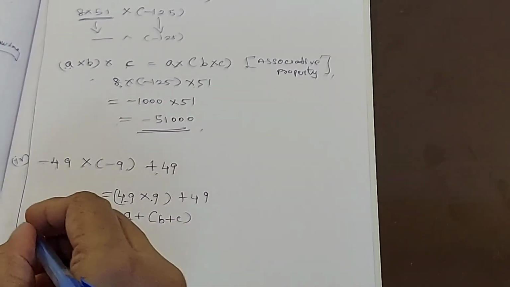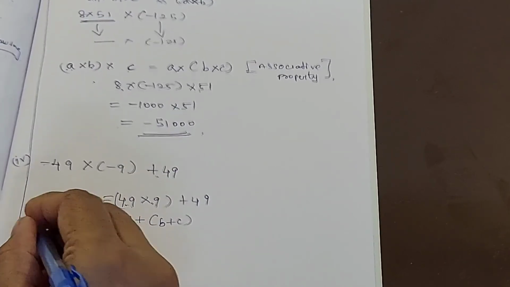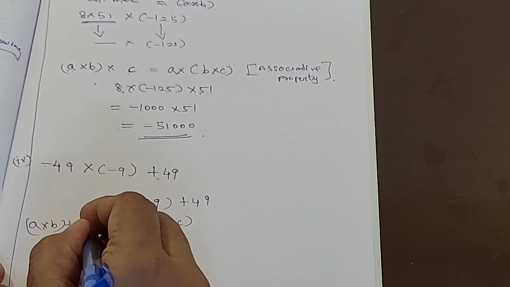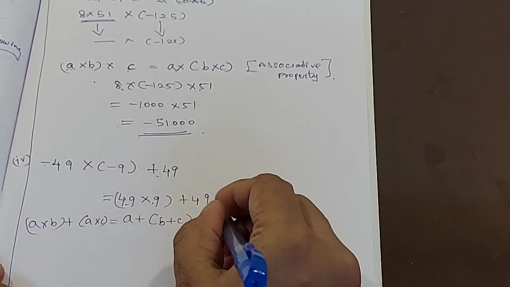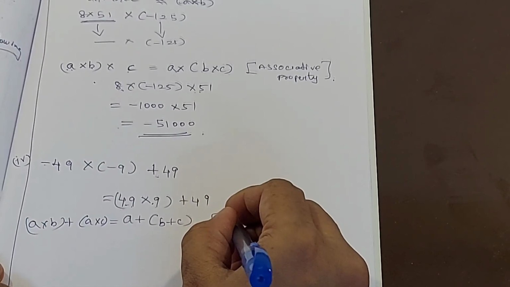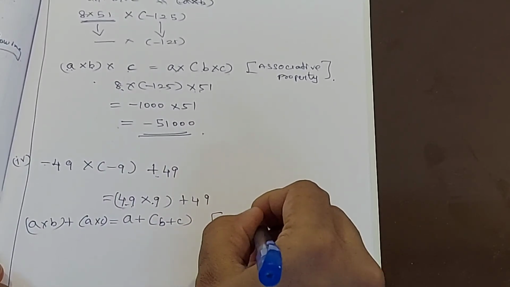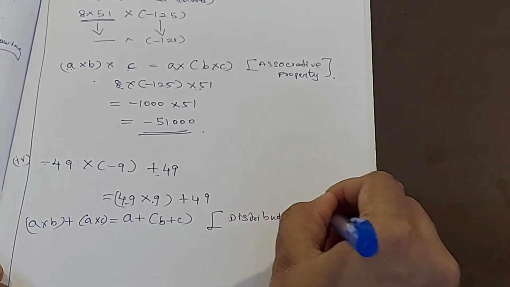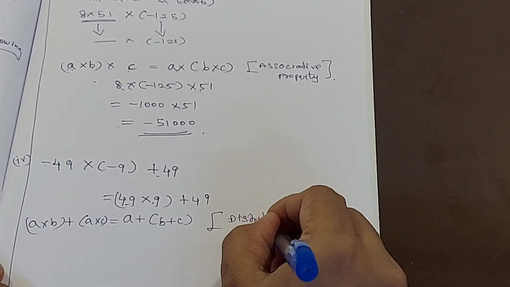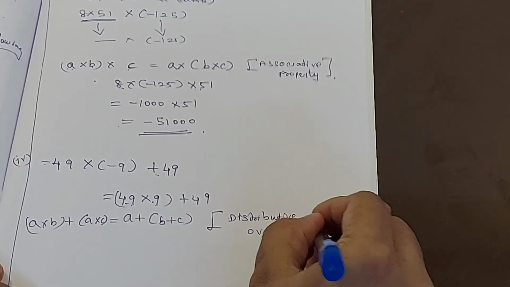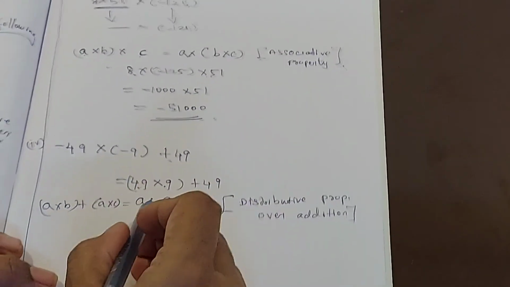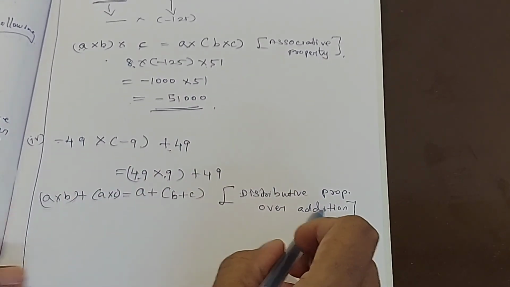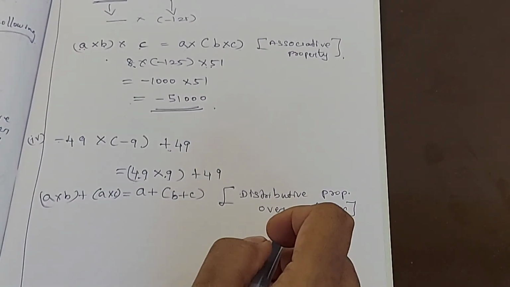Which is equal to A cross B plus A cross C, right? We have studied this property. What is that? Distributive property over addition. We are using addition here. So we have to write distributive property over addition.